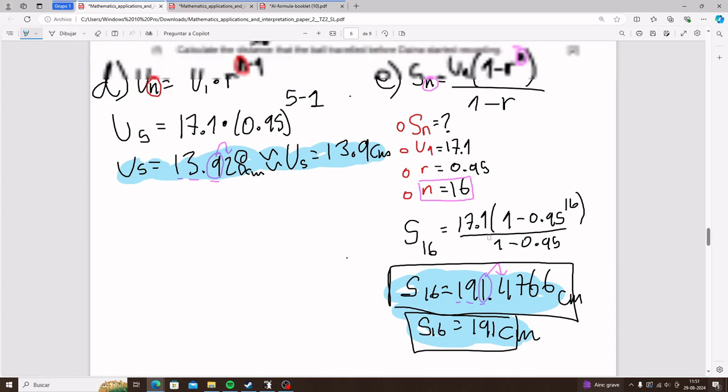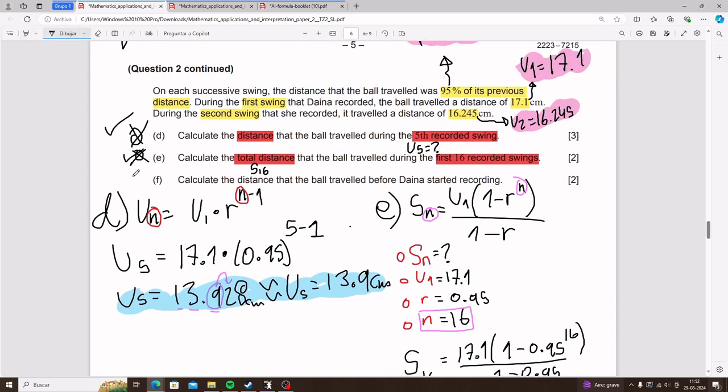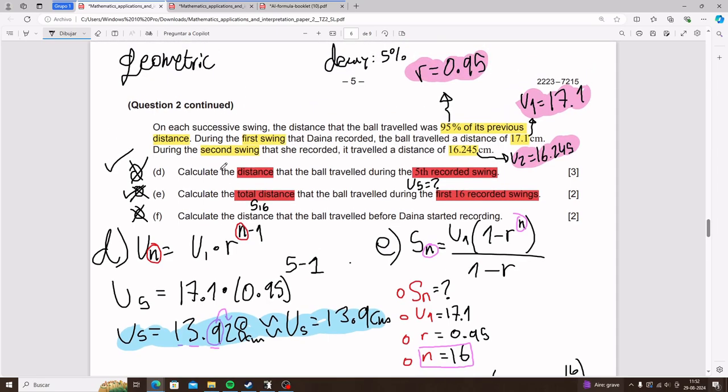Last but not least, for part F, we need to calculate the distance that the ball traveled before Dinah started recording. This one is a little bit more big brain than the other ones. It is a little more creative, and you have to understand exactly what it's asking for.